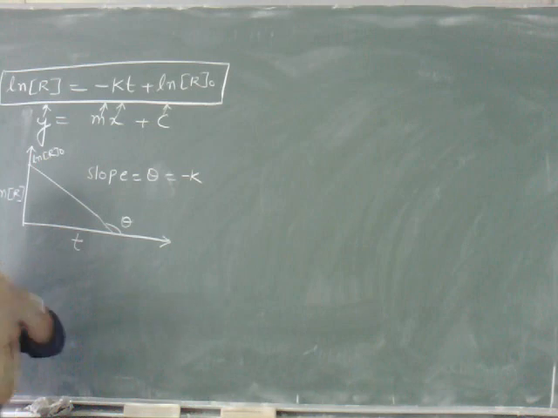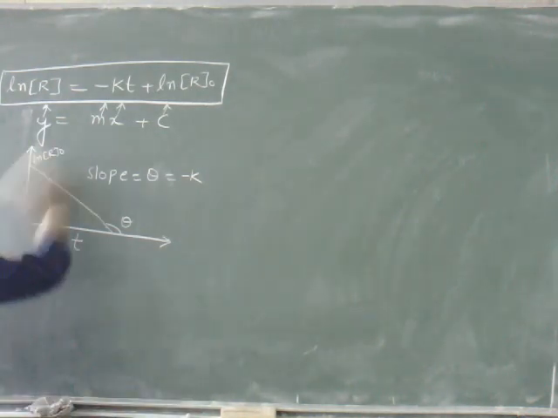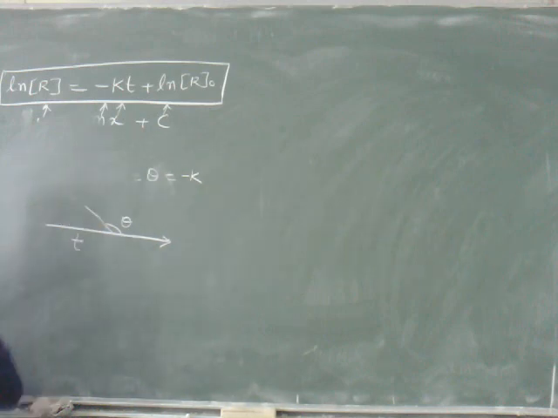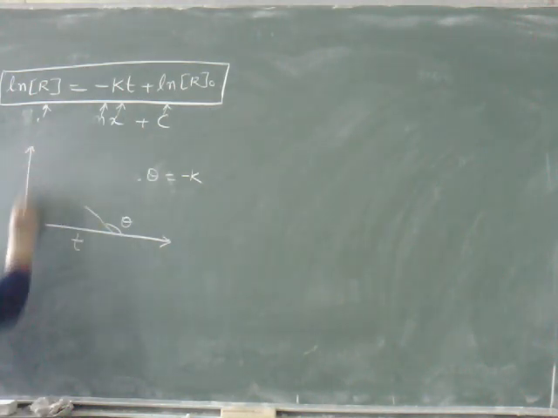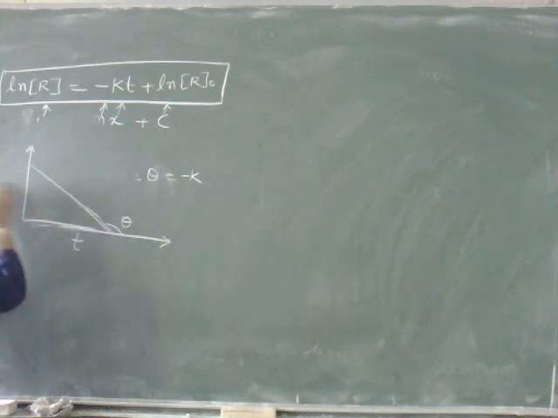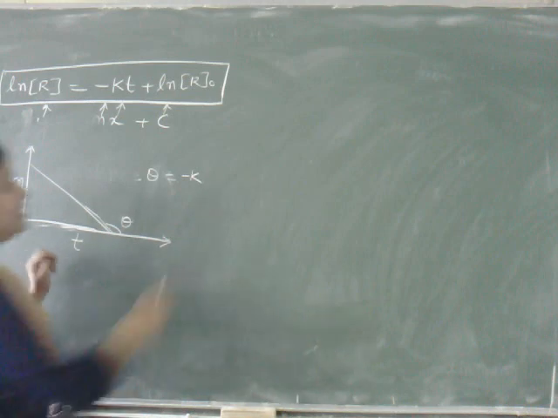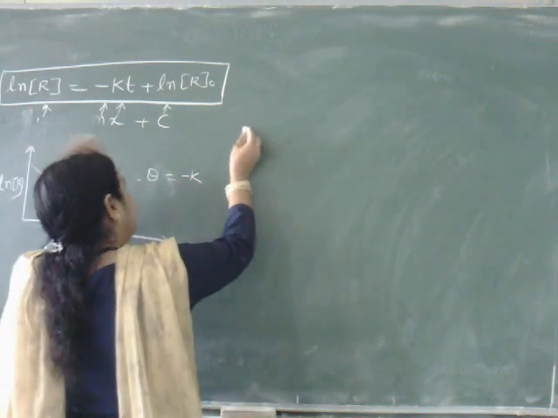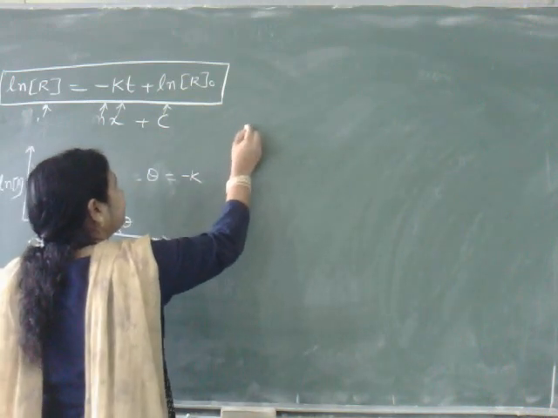This is one graph. Okay. Now the next graph, I will keep it here like this only. Last we will see all graphs once again. This is ln r. Okay.